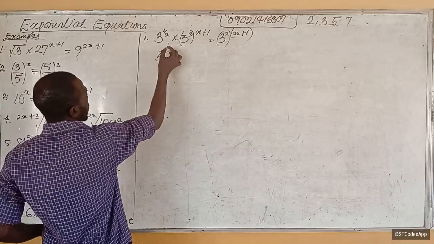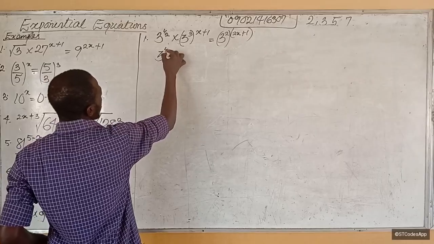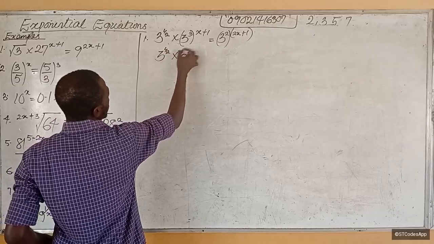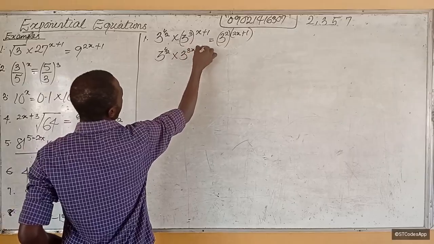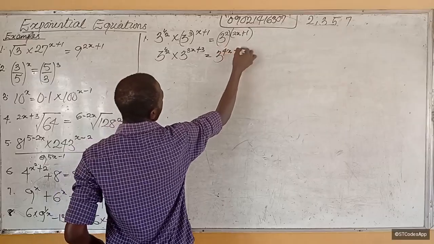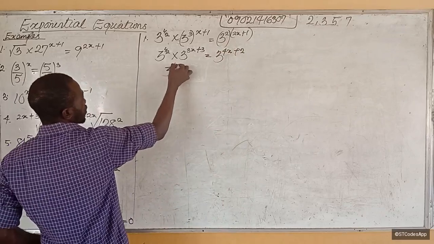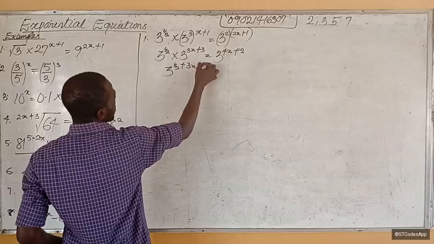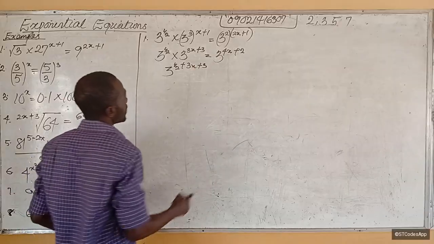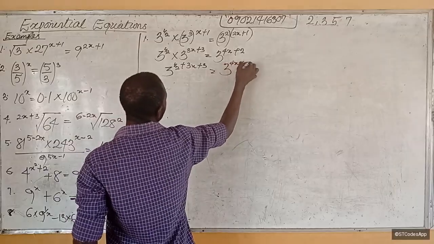So I have 3 raised to power 1 over 2, then multiply by 3 raised to power 3x plus 3, is equal to 3 raised to power 4x plus 2. So I can say 1 over 2 plus 3x plus 3 is equal to 3 raised to power 4x plus 2.